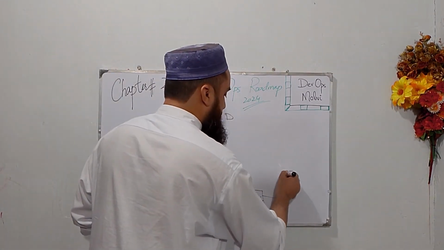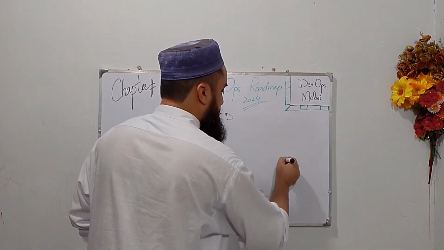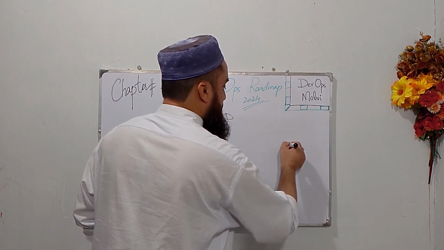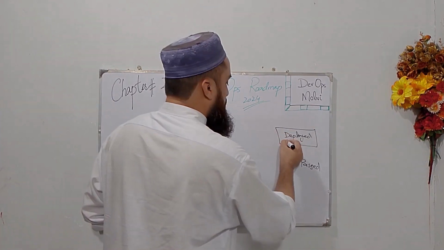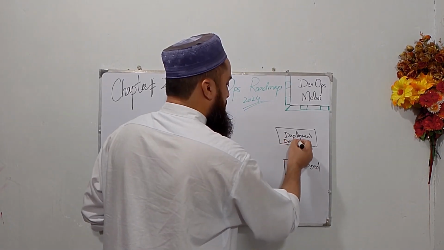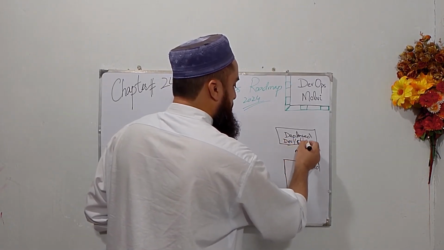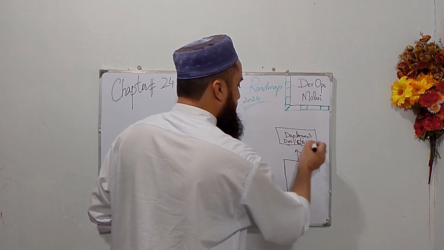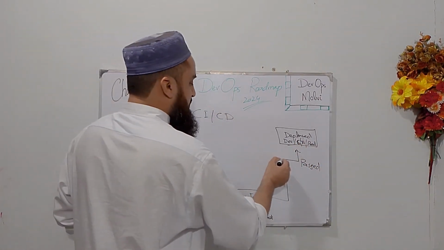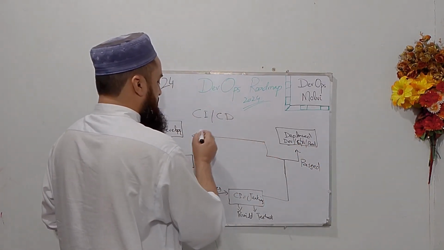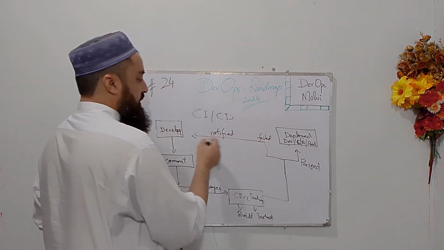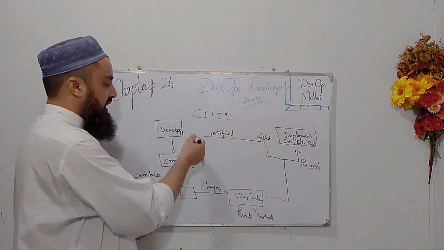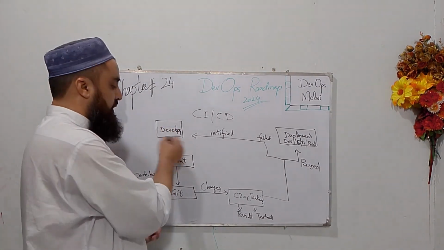And after that, if the code passes, then it is deployed to our dev or QA or prod environments. And in case the tests fail, the developer is notified again about the changes that have failed, and that developer works again.